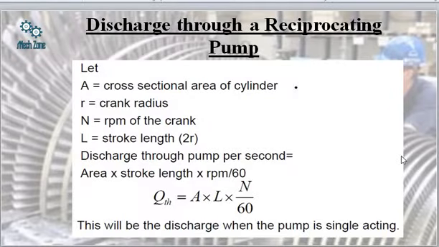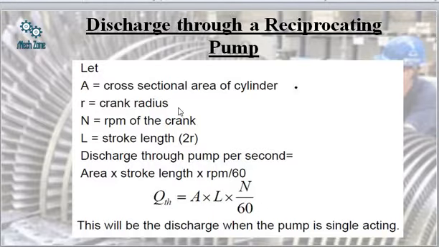Now comes the most important part of this lecture, that is how to calculate the discharge. I am simply focusing on the formula, that is Q equals LAN upon 60. It is very easy to remember the word LAN. Local Area Networks, from that we can remember LAN upon 60, where N is the speed in RPM.